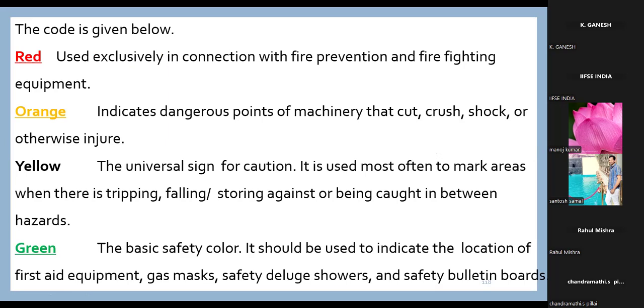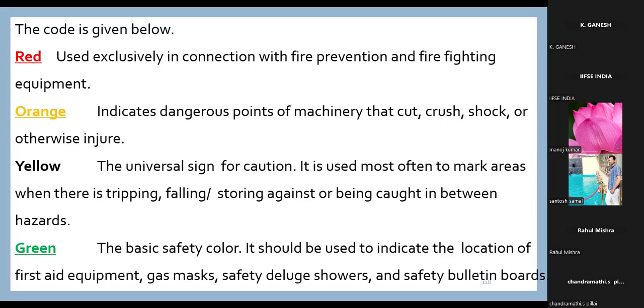Orange indicates dangerous points on machinery that cut, crush, shock, or otherwise injure. If standard equipment is supplied by a vendor, the machine will definitely have a machine guard with an orange color. But substandard companies paint with a single color, whatever the machine has.